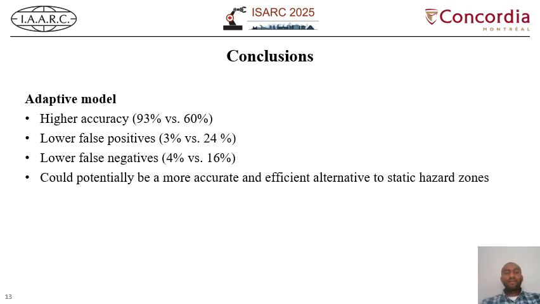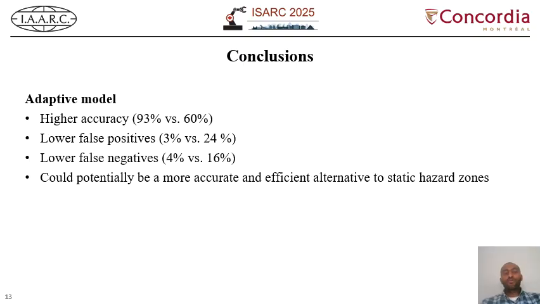And here are our conclusions. The adaptive model, which is the proposed model, has higher accuracy. It has lower false positives, which is 3% versus 24% for the static circular hazard zone.